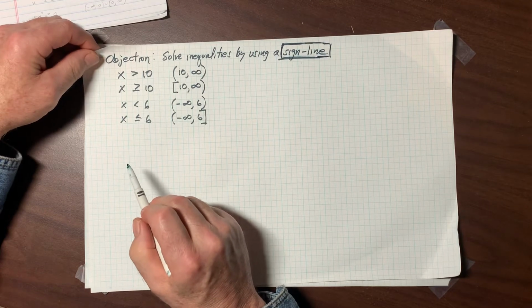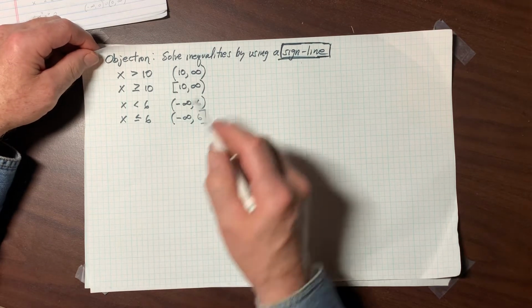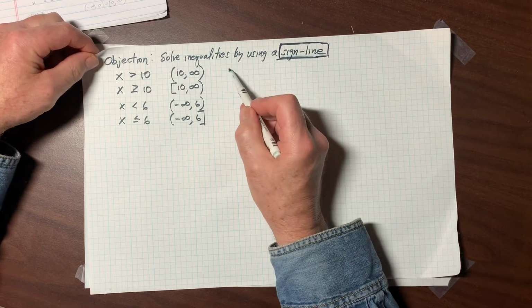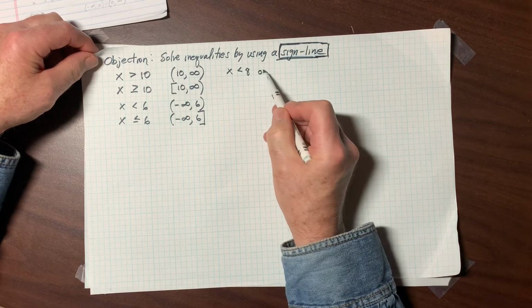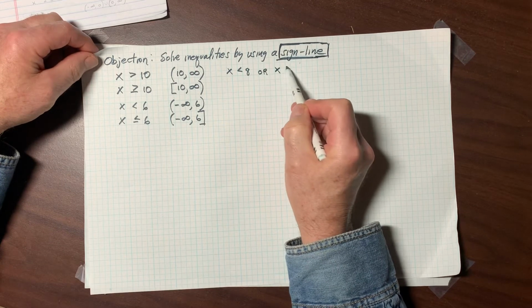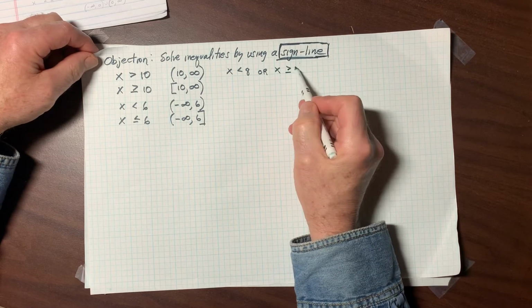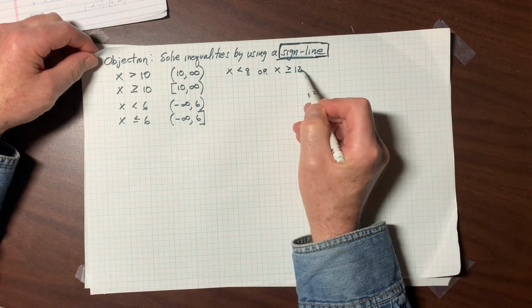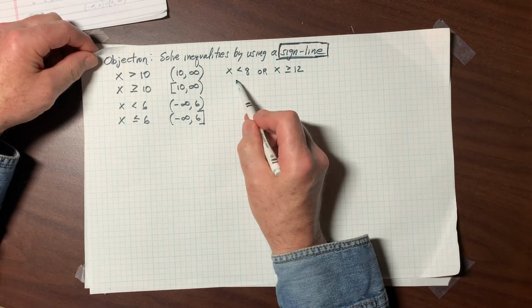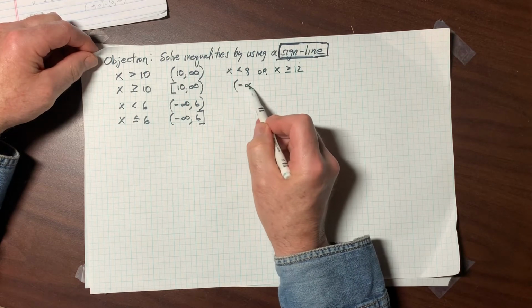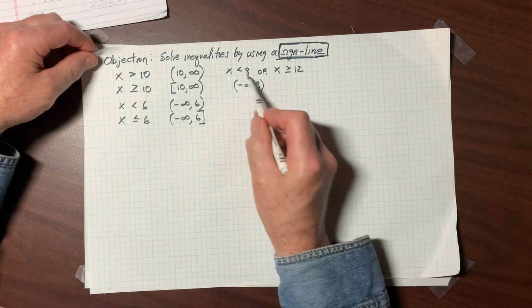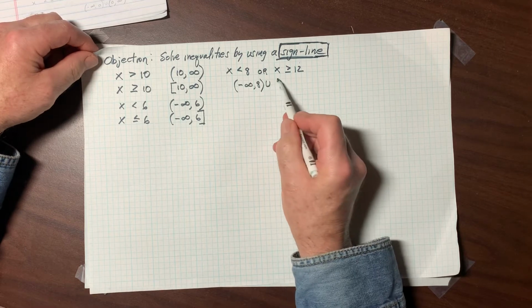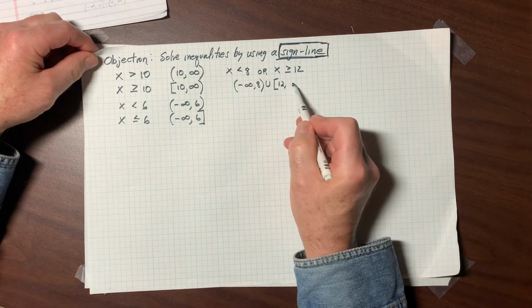Sometimes you have a compound inequality. This would be a compound inequality. Let's suppose you say x is less than 8, or x is greater than or equal to 12. So in interval notation, that's going to be negative infinity to 8, parentheses, because it's just less than, in union with square bracket 12 to infinity.